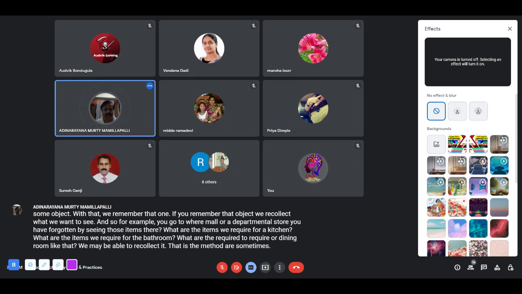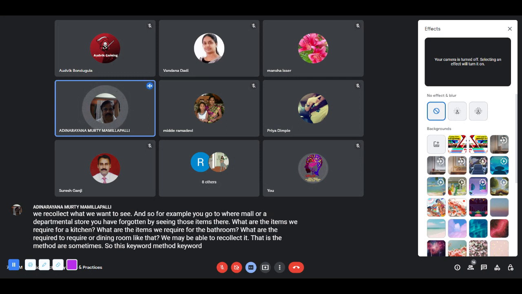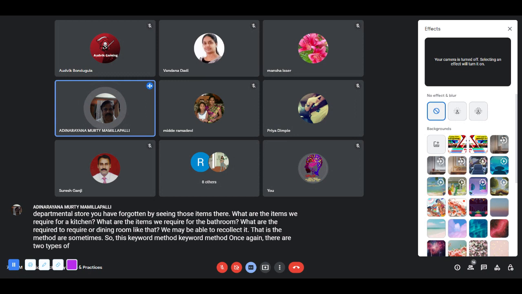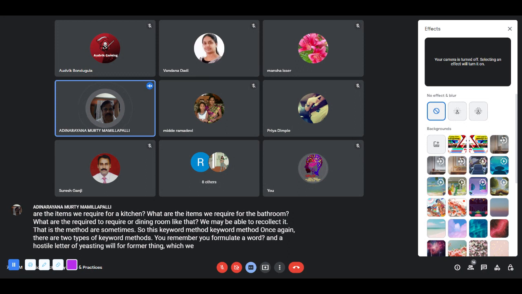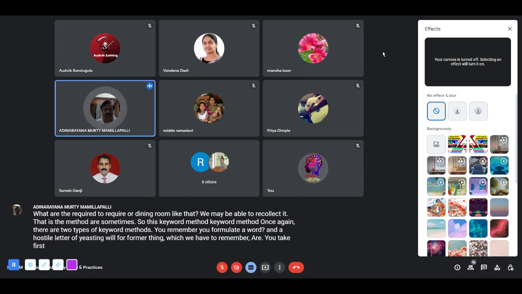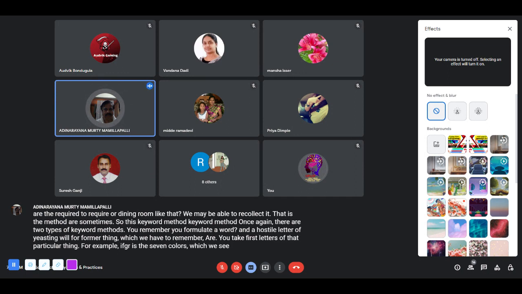That is the link method. Or sometimes the keyword method. Once again, there are two types of keyword methods. You formulate a word, and the first letter of each thing forms a word which we have to remember. For example, VIBGYOR. VIBGYOR means the seven colors which we see in the rainbow.